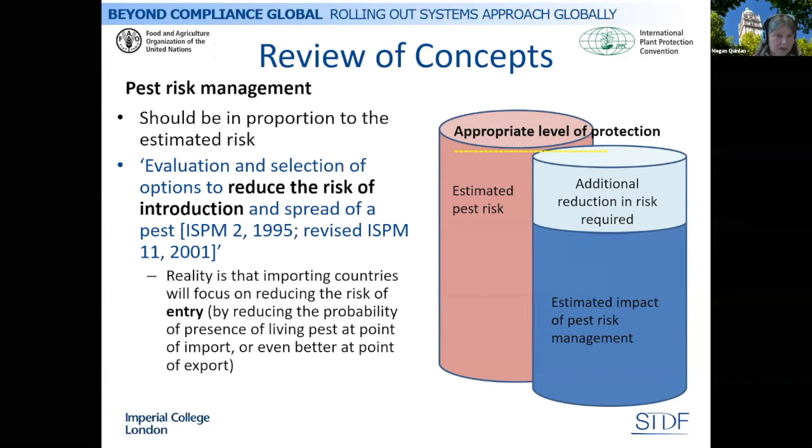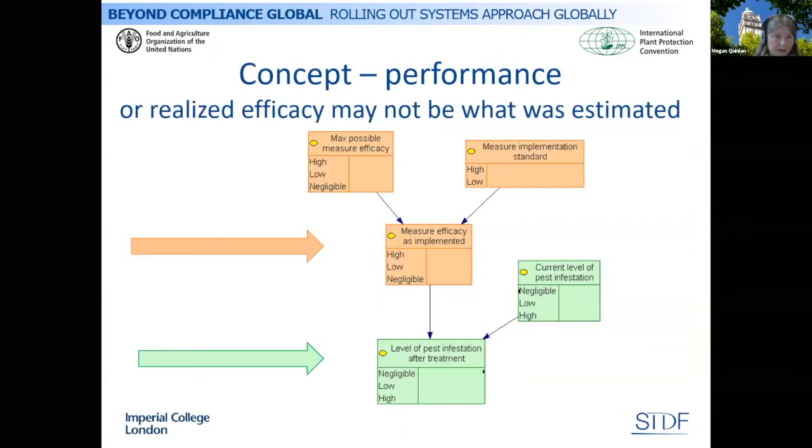So another thing I want to mention is something that is not defined by the IPPC, but I think we've tried to call it realized efficacy or performance, perhaps. I just took this little picture from a Bayesian network. If you have designed a measure and you've tested it, then you know how much efficacy it might have.